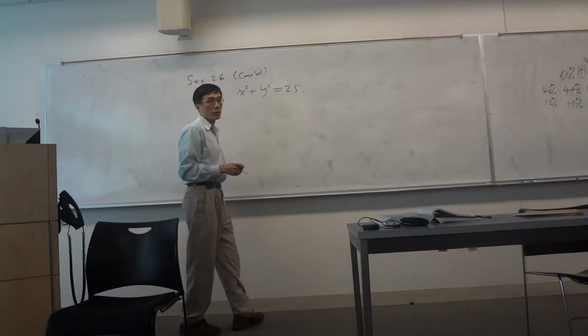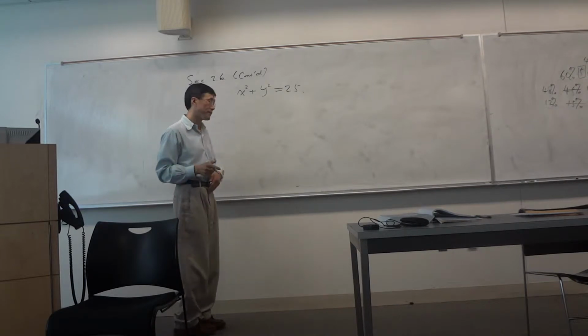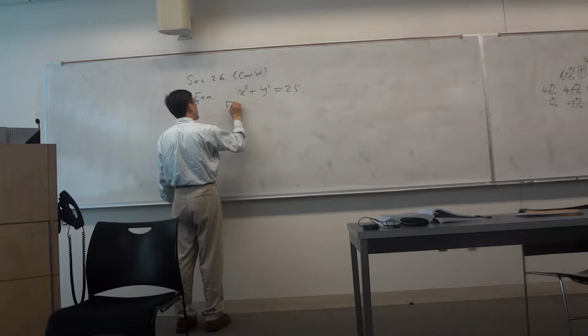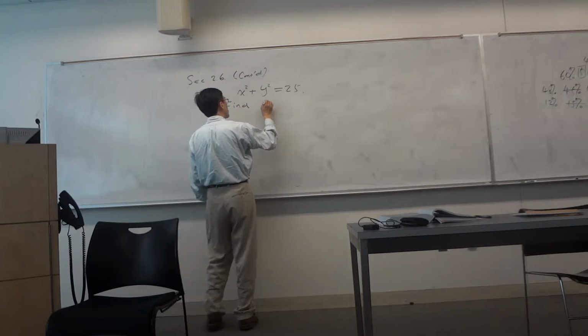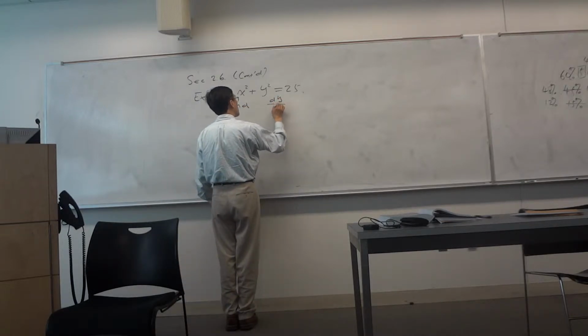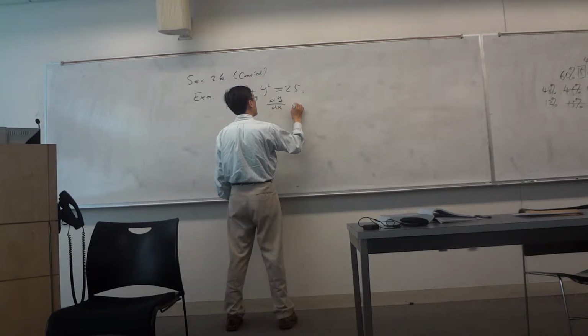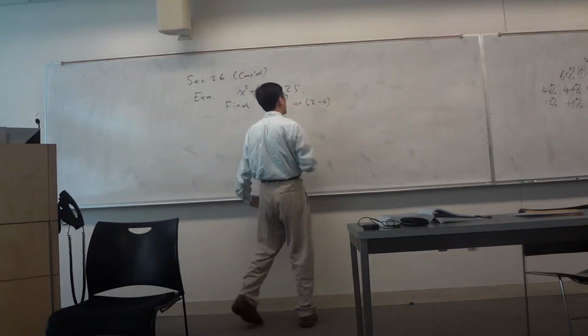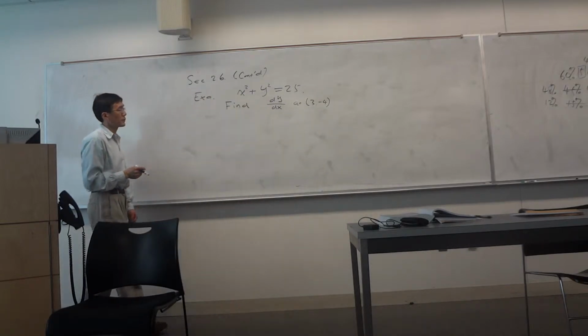Example: given a curve, an equation, x squared plus y squared equals 25, as we knew, this represents a circle. And we want to find out the slope of the tangent line, essentially dy/dx, at the point x equals 3, y equals -4. Right?